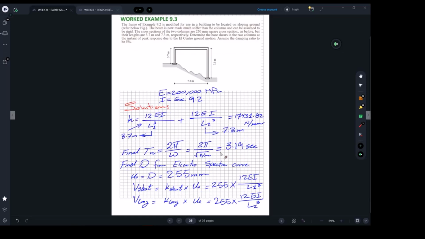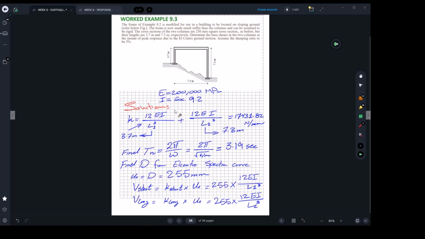All right, this question I will leave to you to look at. There's an interesting part with this question: your frame has two different heights in terms of its columns, and that will impact the shear value. This is just related to statics, basically.